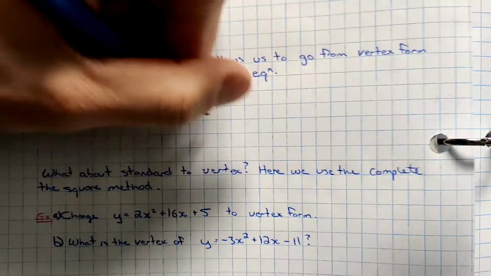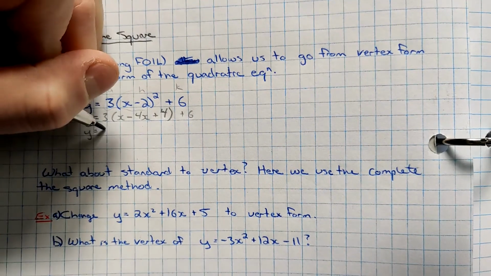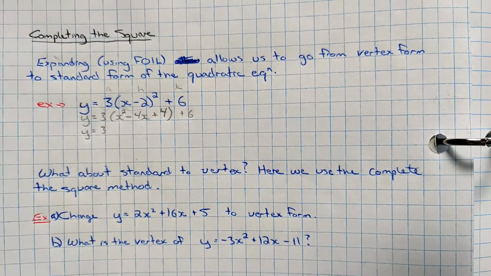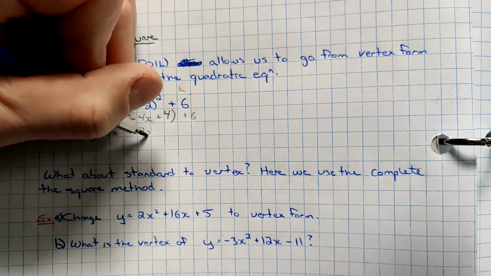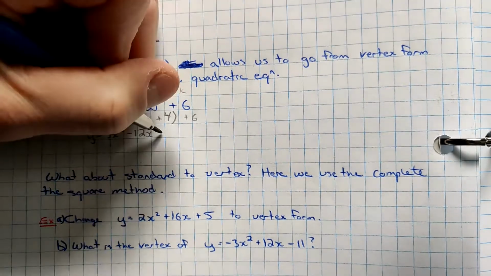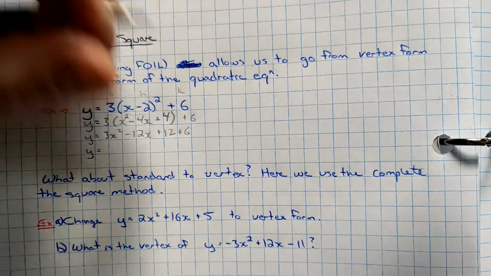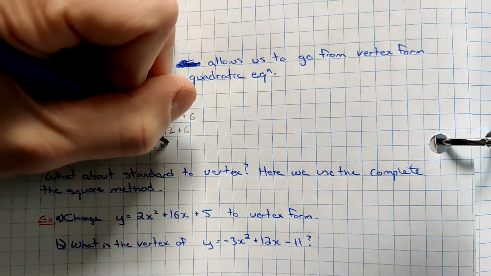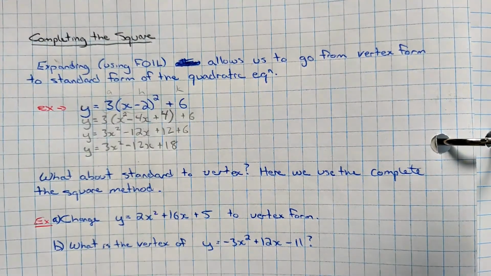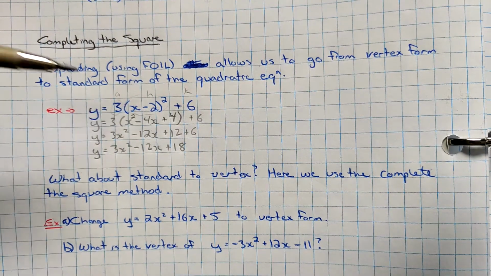So that times 3 plus 6. And then we just multiply that 3 through: 3 times x squared minus 12x, and then 3 times 4 is 12, plus 6. And so we get y equals 3x squared minus 12x plus 18. So there we have an equation in standard form, from the equation in vertex form.